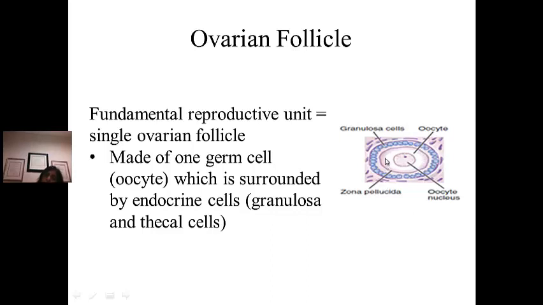So this is the structure of a primary follicle that is in the beginning of a new cycle, because of the effect of LH and FSH on a few of the primordial follicles. It is made of one germ cell, the oocyte, surrounded by endocrine cells, those are granulosa cells. These are the cells that start producing estrogen.